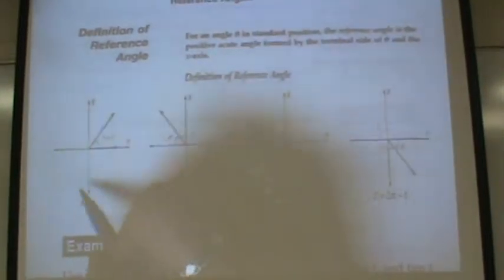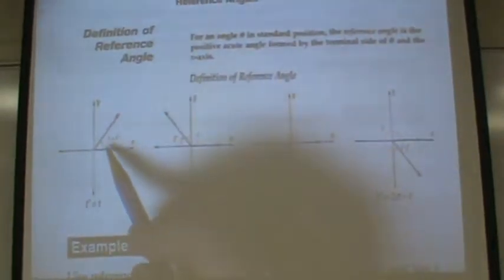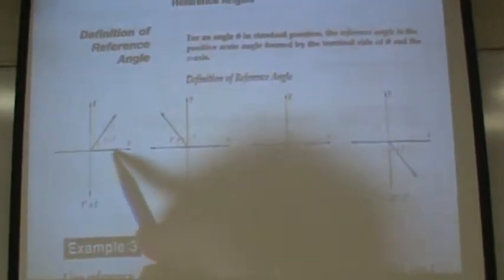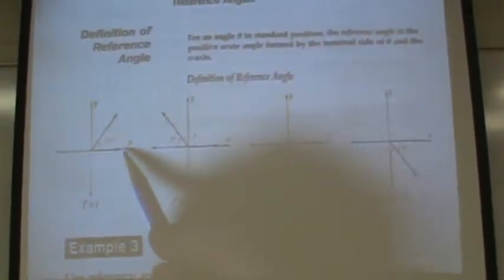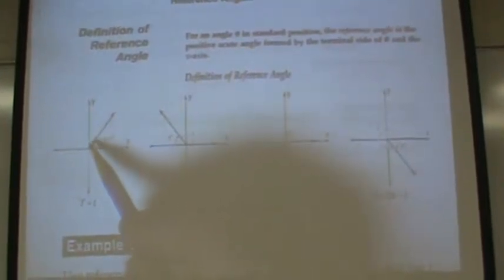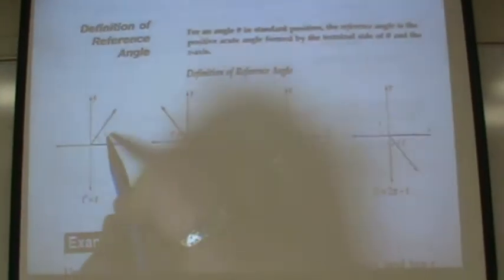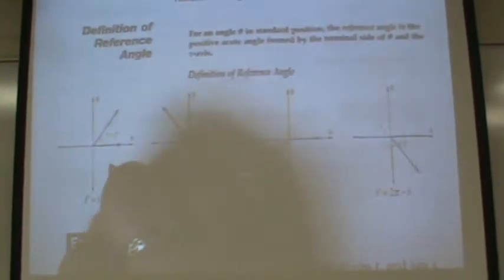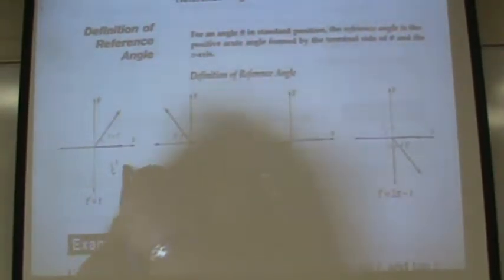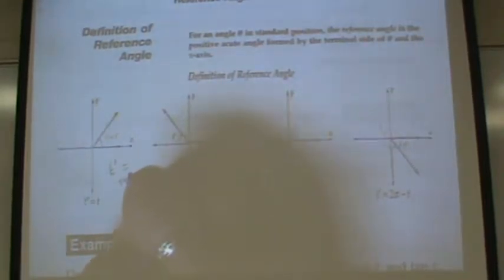So looking at this first picture, we've got the x-axis, so the positive x-axis is our standard position. We rotate up, we have our terminal side. So our reference angle, in these cases, T prime equals the reference angle.